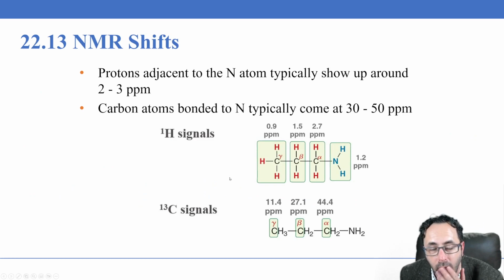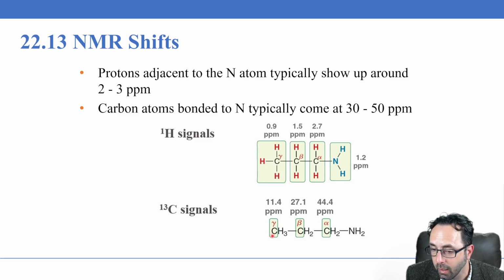Finally, in terms of NMR for carbon and hydrogen, proximity to the nitrogen atom, due to its electronegativity, will de-shield the carbon at the alpha, beta, and gamma positions. I'll start with the carbon here. The de-shielded carbon at the alpha position will have, well, let's start with the gamma.